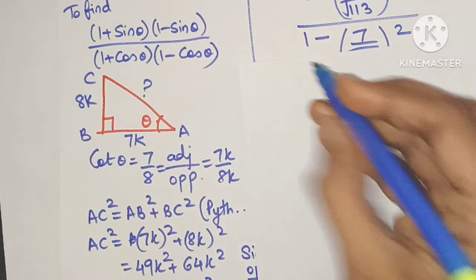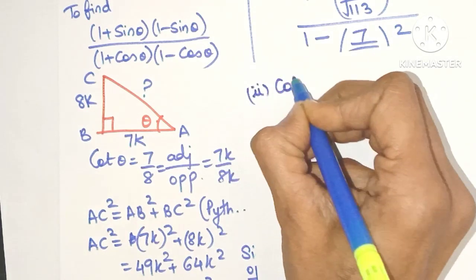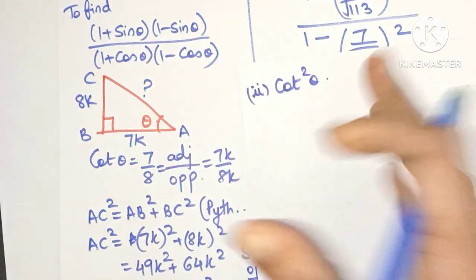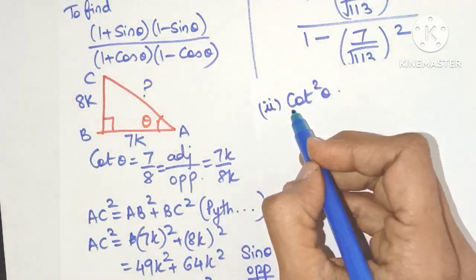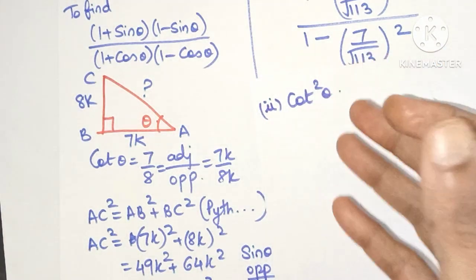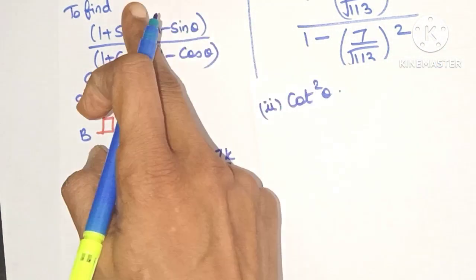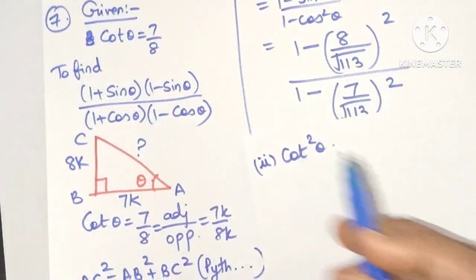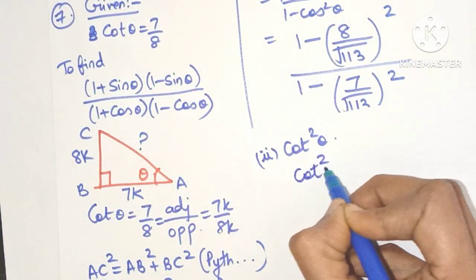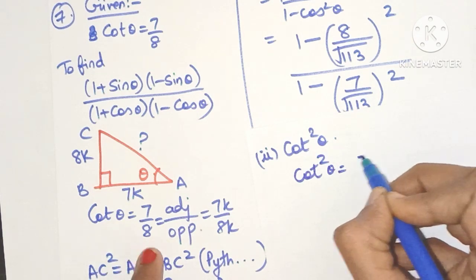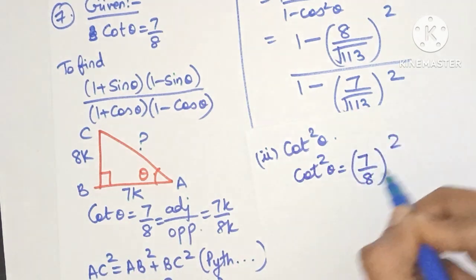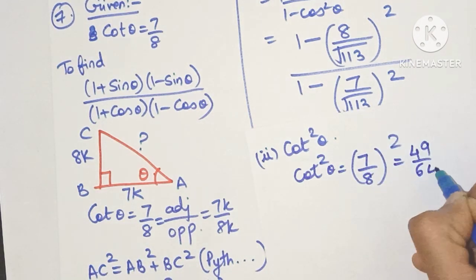Now the second part is to find out what is cot squared theta. It's the same diagram we have to refer to. Only thing is the expression has changed. So this is going to be super easy because they've already given what is cot theta, right? So cot squared theta is nothing but 7 by 8 the whole square, which is 49 by 64.